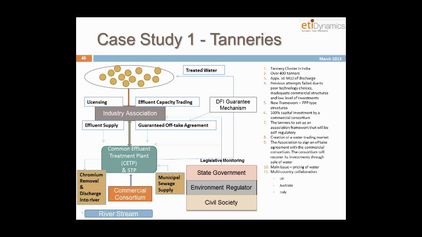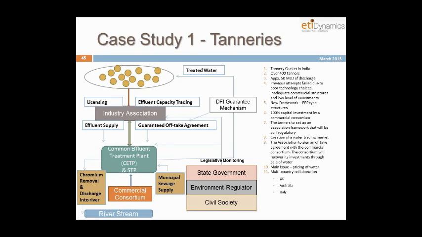So I'll give you one case study. We have been working on the tanneries. Tannery cluster in one of the states of India. There are 400 tanners, all small tanners, and they generate close to 50 million liters of effluent a day. They're not able to put in any good technology because they are small tanners and they cannot afford it. Most of this effluent goes through the sewage pipelines.